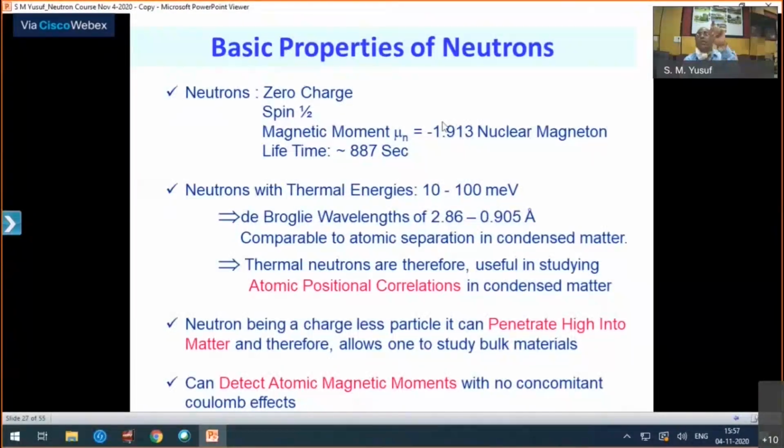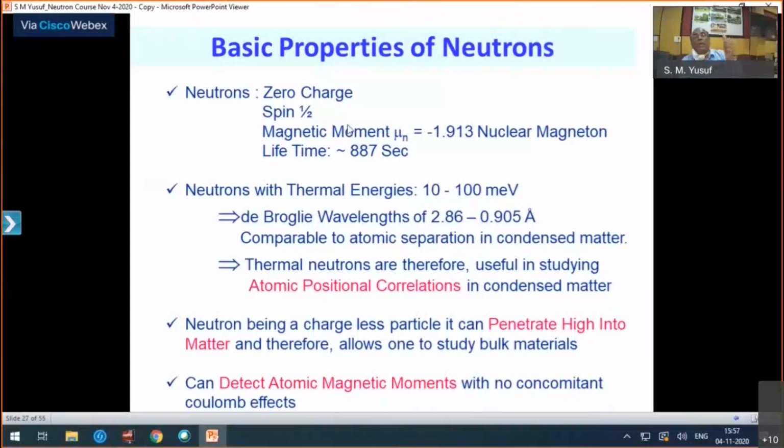But this tiny neutron magnetic moment is a magnetic dipole. So the neutron is nothing but a magnetic dipole, and the neutron is chargeless, so it penetrates deep into the matter. Let us say you have a magnetic material, an iron-based magnetic compound, so you put in the neutron beam; the neutron goes inside because it is chargeless, unlike X-ray, so deep into the matter, and it sees every magnetic atom by atom.